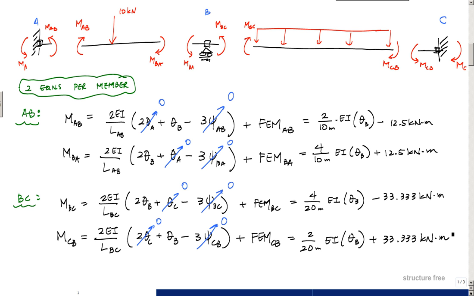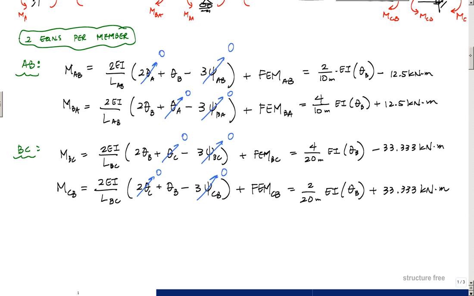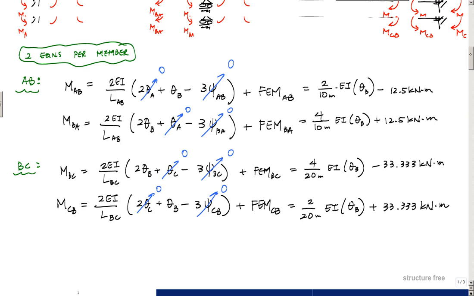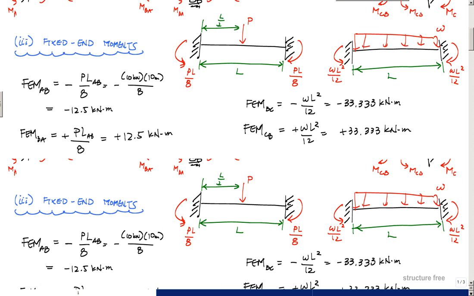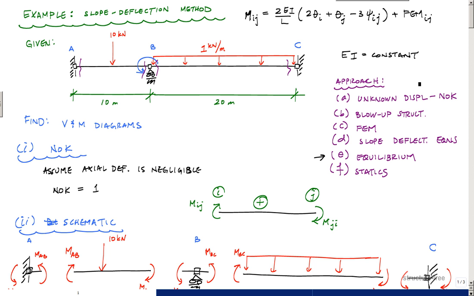All right, so hopefully that's good, and these are my slope deflection equations. Now we're ready to move forward once you can agree that these are okay. Now we just need our equilibrium equation at the joint. Just in terms of process, we've done the unknown displacements, blown up the structure, the fixed end moments, and the slope deflection equations. Now we're at equilibrium, and this is equilibrium of the joint.